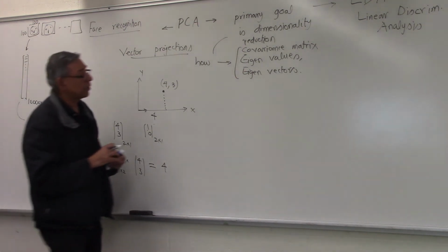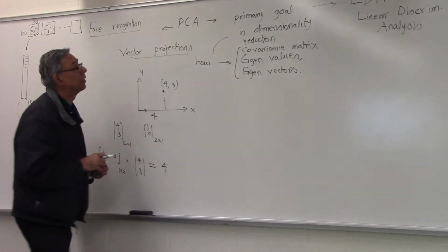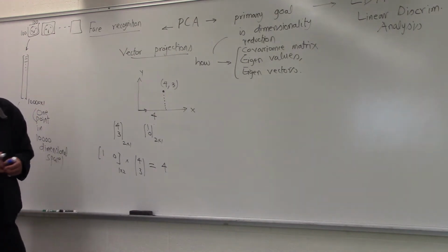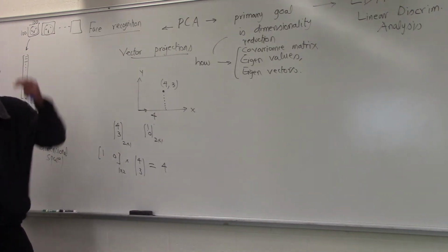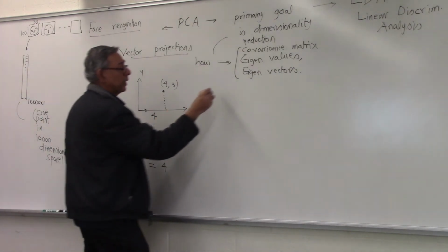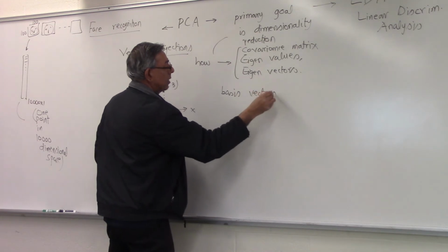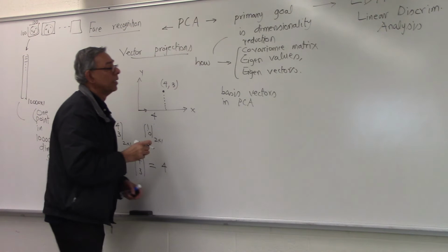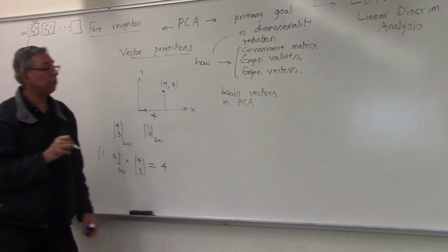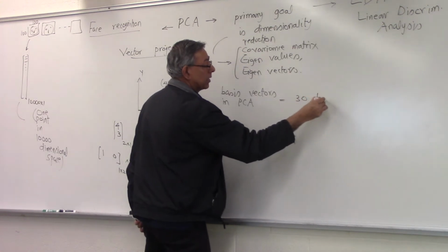Let me give you the example of PCA. If you recall, after we go through all these eigenvalues, eigenvectors, and so on, we come up with some basis vectors. Suppose we came up with 30 basis vectors.